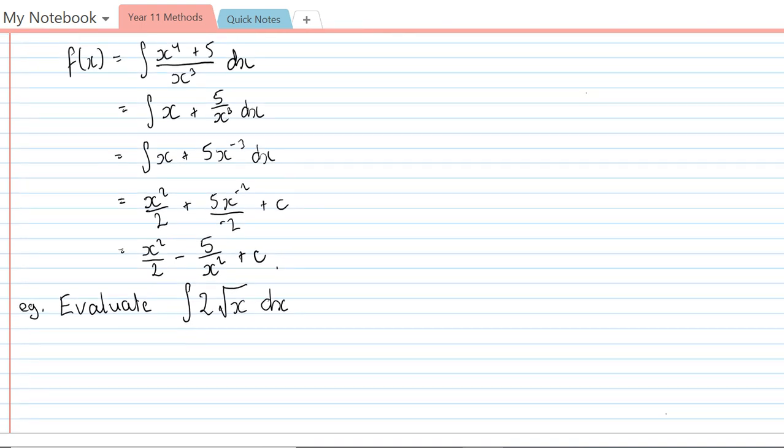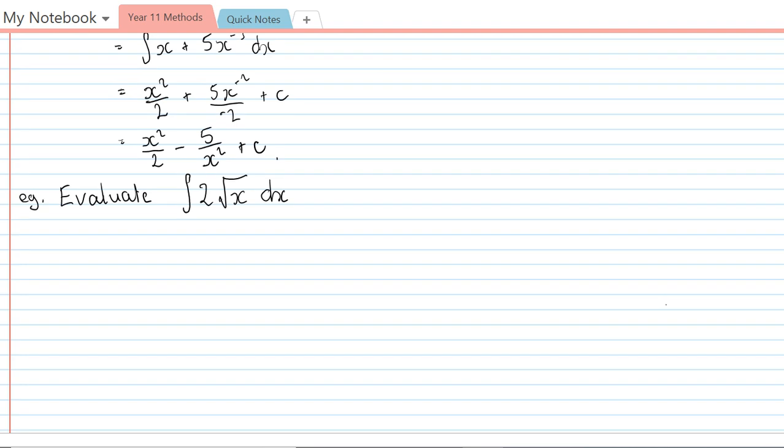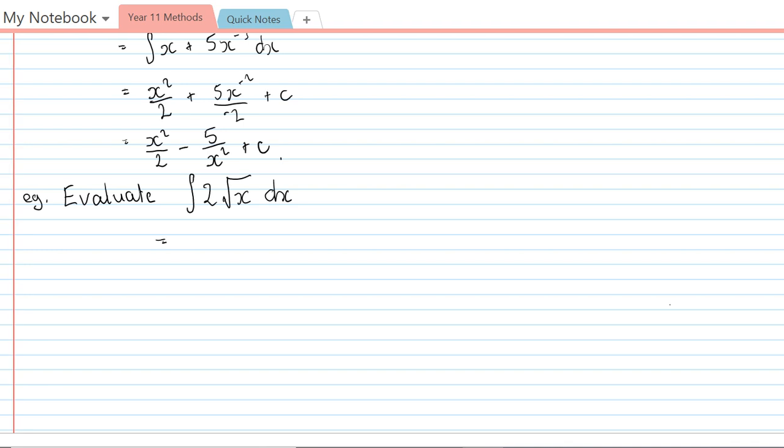So the last one, evaluate the antiderivative of 2 root x. So this one here, well, again, we can't work on this as it is at the moment. I need to write this with its index. So that's equal to the antiderivative of 2x to the power of half dx.